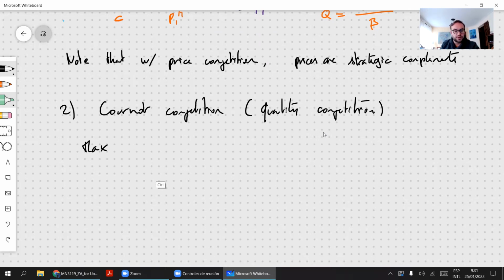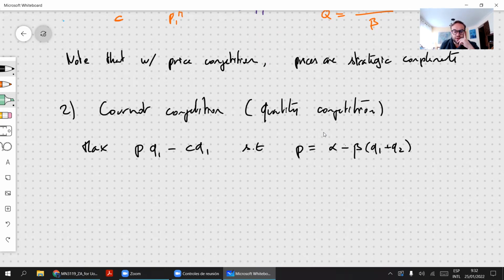So let me write everything. I want to maximize the price that I'm going to get multiplied by the quantity I produce, minus the marginal cost times the quantity, subject to the fact that price is equal to alpha minus beta times Q1 plus Q2.